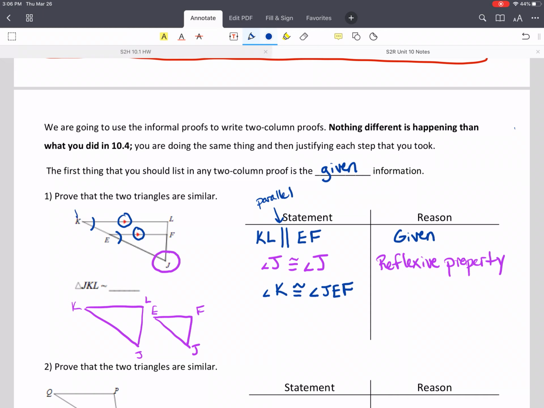Well, if you look, K is only referring to one angle, but angle E, am I referring to that side, or am I referring to this side? And so that's why I was a bit more specific with that one. So angle K is congruent to angle JEF because those are corresponding angles.